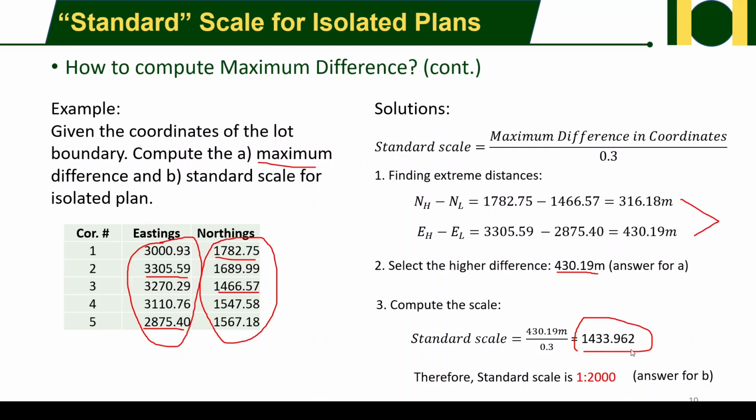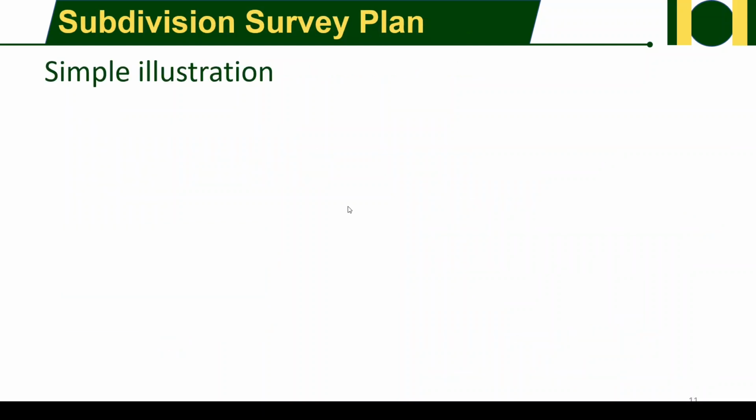There's no 1500 or 1600, but we will proceed with 2000. Therefore, the standard scale for this lot boundary is 1 is to 2000. We are done with determining the standard scale of the isolated survey plan.